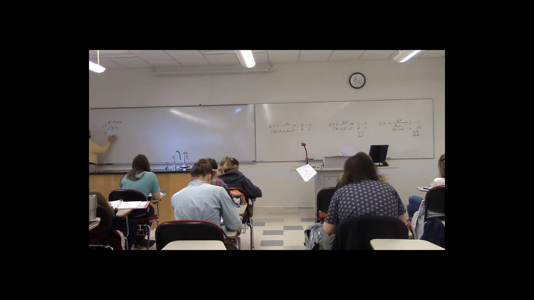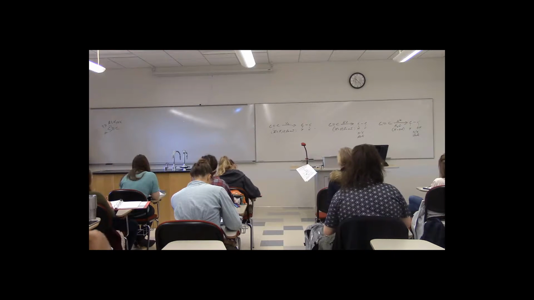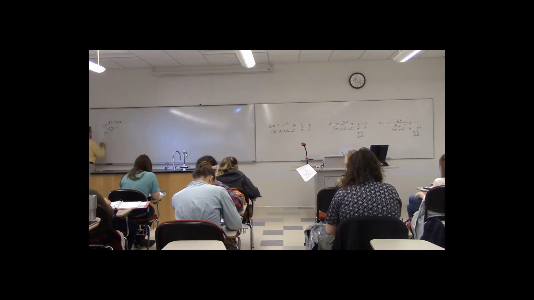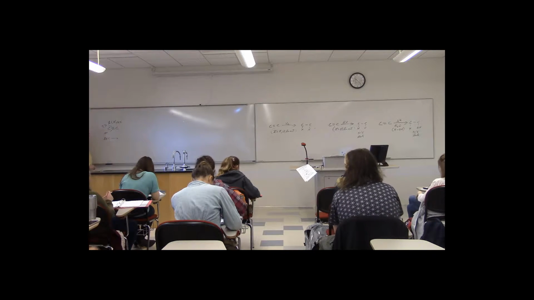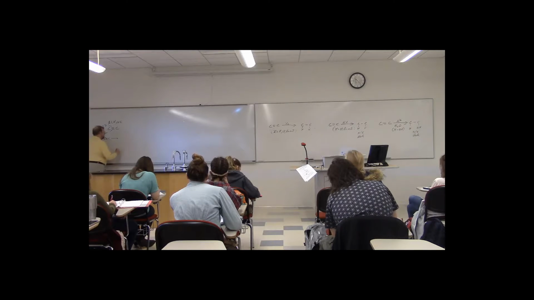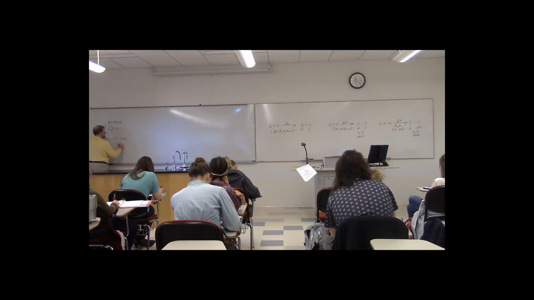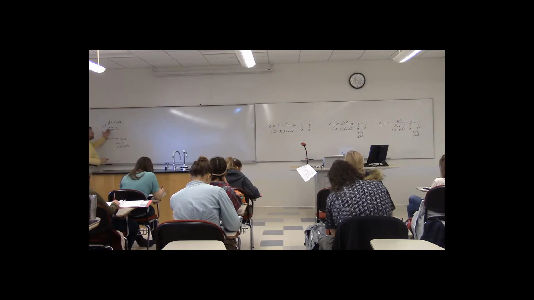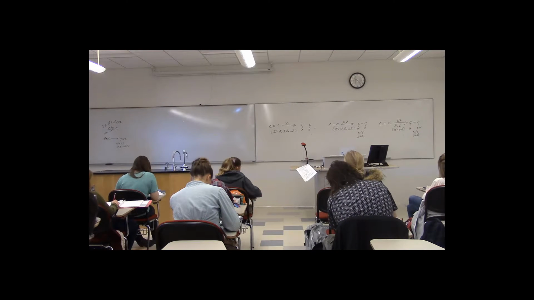Nomenclature: find the longest chain with both carbons of the triple bond, name it as an alkane, and then drop the A in the ending and put YNE. And you need a number. The number is the lowest one, the lead carbon of the triple bond closest to the end of the chain.